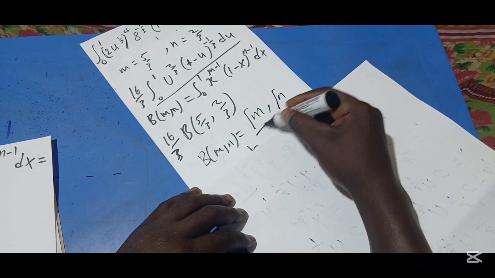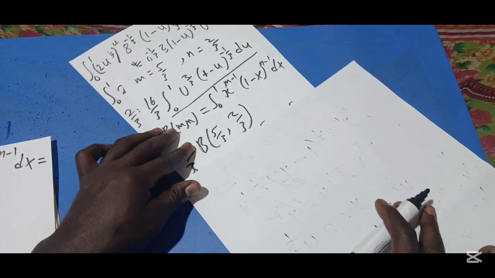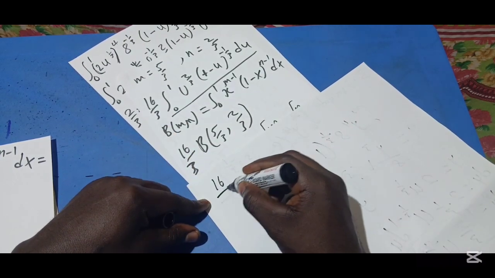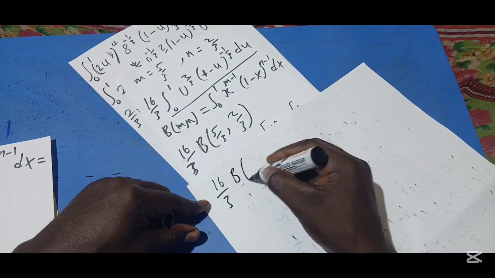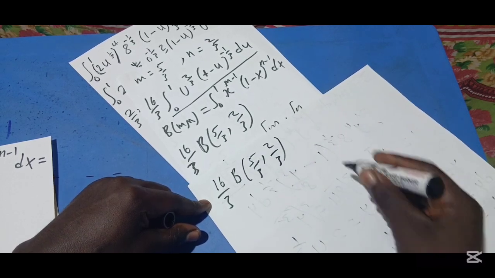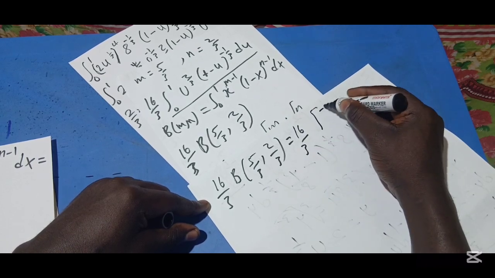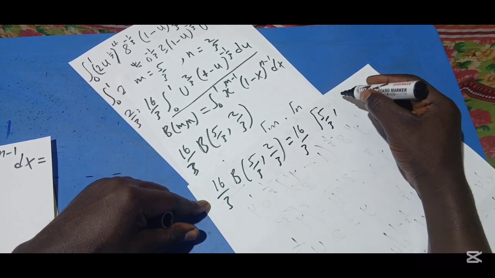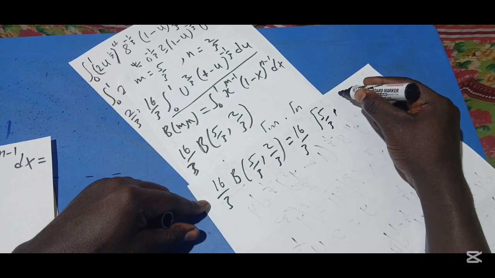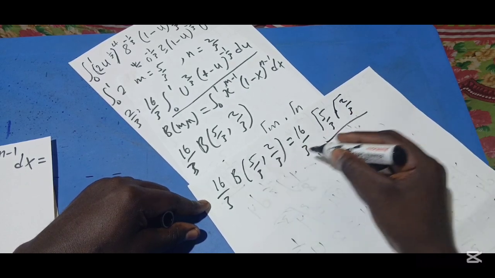gamma n all over gamma m plus n. So 16 on 3, beta of 5 on 3, 2 on 3. So gives us 16 on 3, gamma 5 on 3, I'm sorry, this is not a comma, gamma 2 on 3, all over gamma 5 on 3 plus 2 on 3.